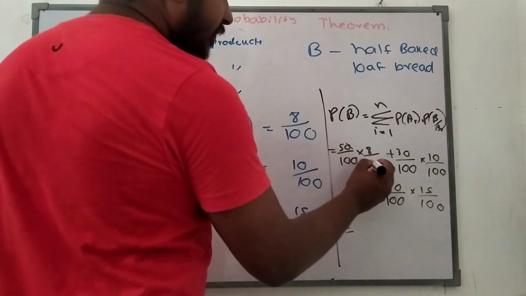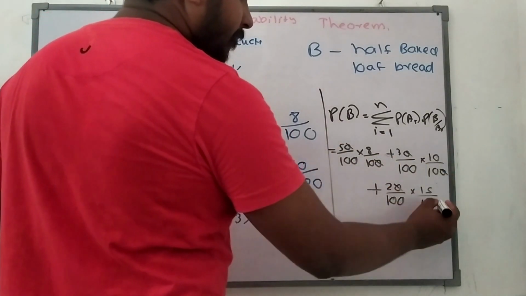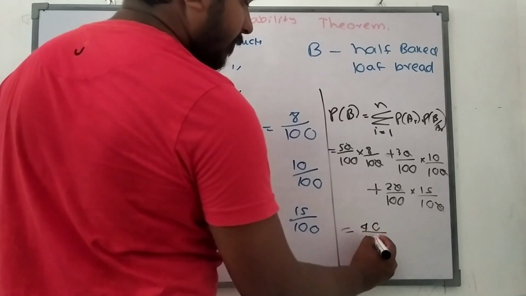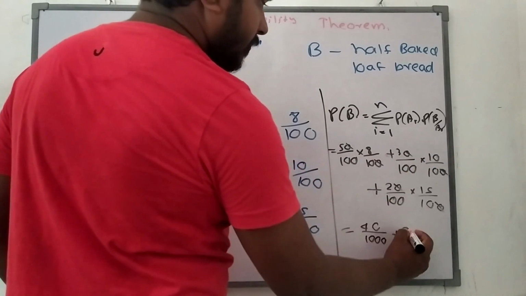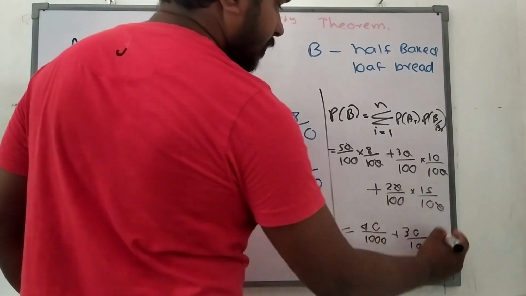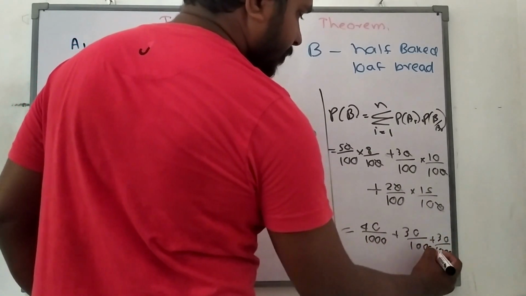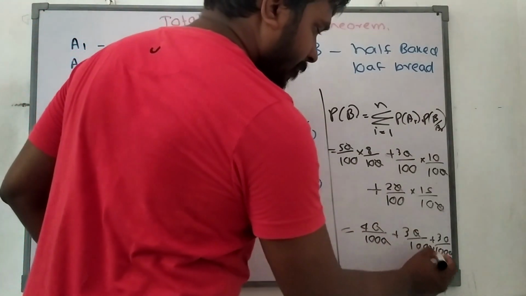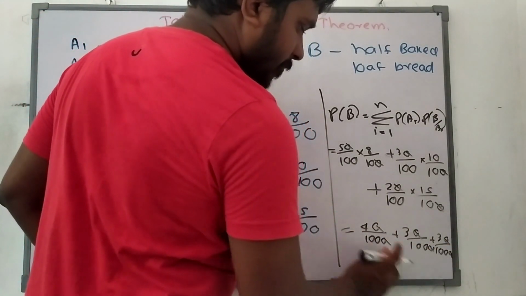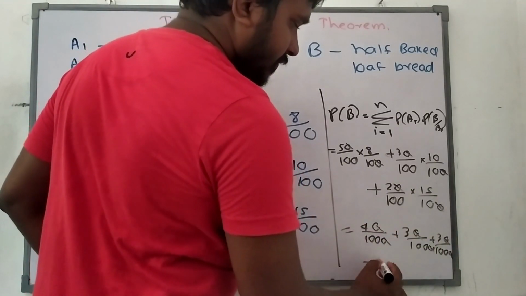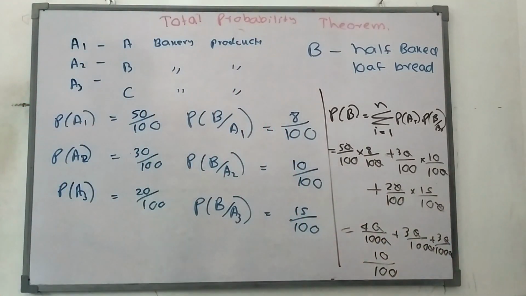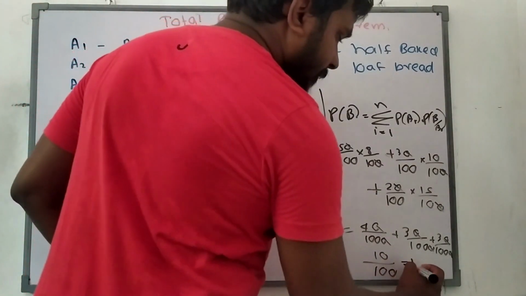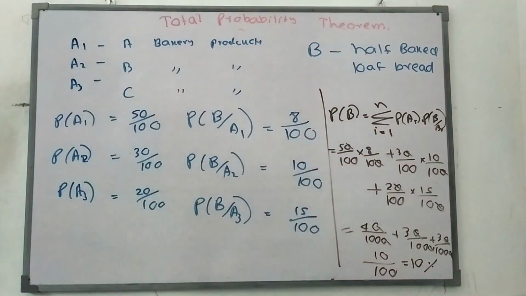So the zeros are cancelled: 4,000, 3,000, 3,000, which is 10,000, so 10% of breads are half baked, right?